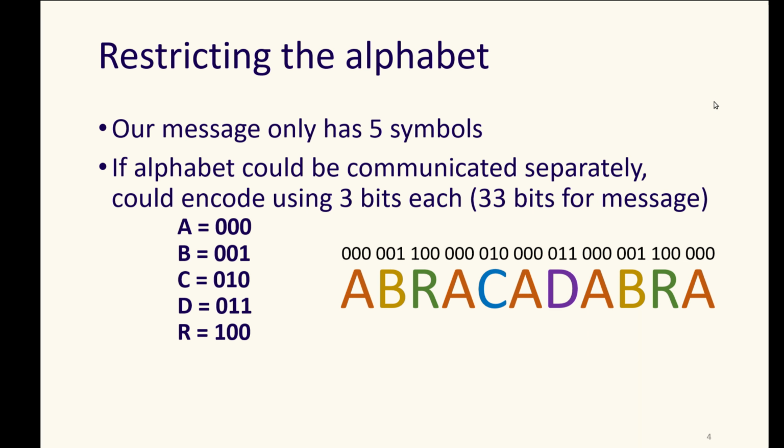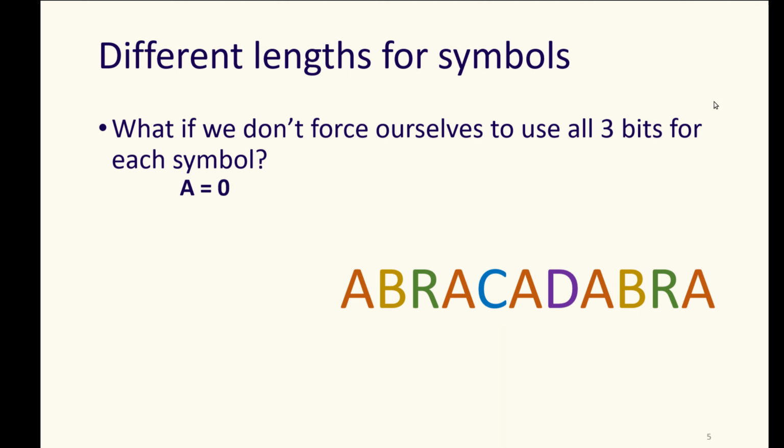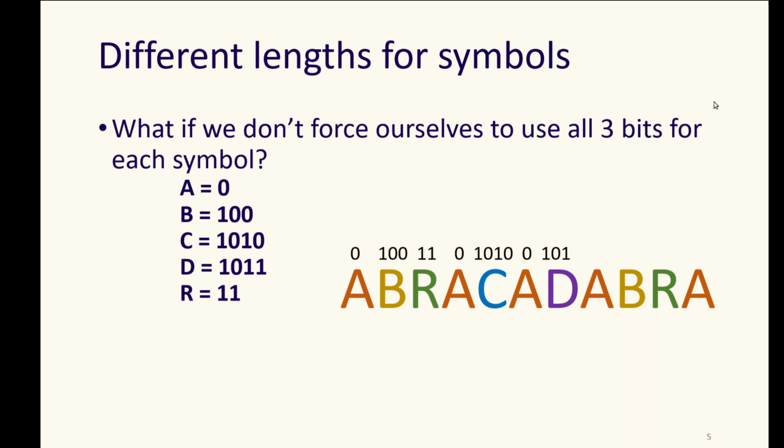But contriving these kinds of alphabets, transmitting them separately, and using a standard set of bits for the data may be unnecessary. We can actually reduce lower than that amount. For example, we could use only the number 0 for A, and we could use fewer than 3 bits for some of the characters, and that might allow us a better size in our result.